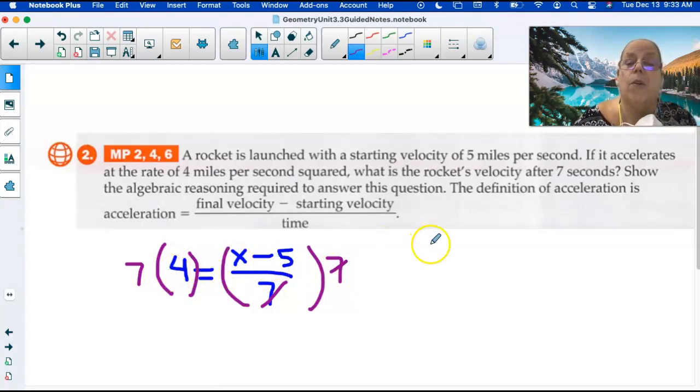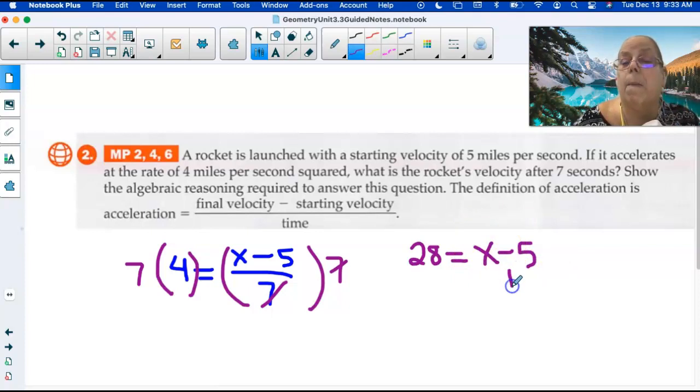7 times 4, we all agree, is 28. 28 equals x minus 5. What am I going to do now? And again, like Kirk would write steps for that. We're not going to do that. I want to get the x by itself. What do I have to get rid of? The minus 5.